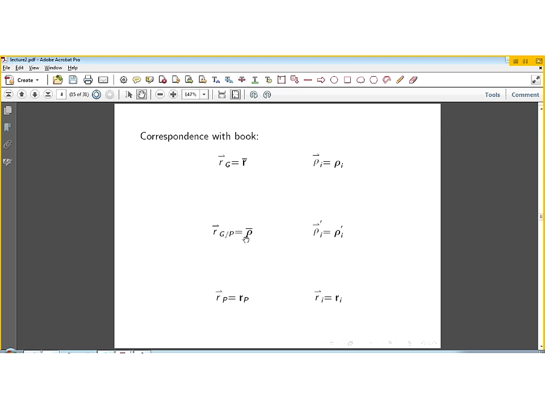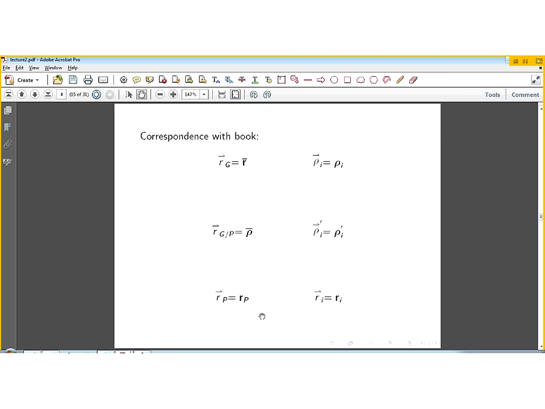In the handbook they indicate this with a bold R with a bar overhead, as opposed to the position vector of the ith particle relative to the center of mass, which we indicate in the supplementary notes as a rho sub i vector. The handbook uses a bold rho sub i. And then for the position vector of the generic particle relative to the point P, where the supplementary notes use a rho sub i accent, the handbook uses a bold rho i accent.